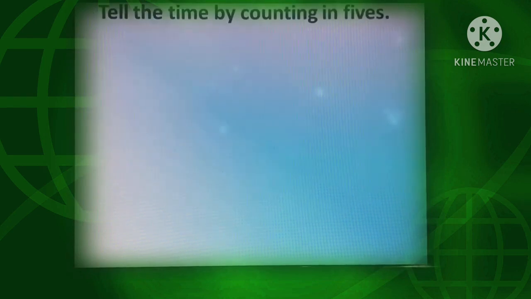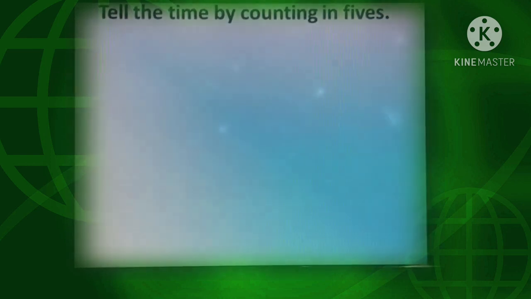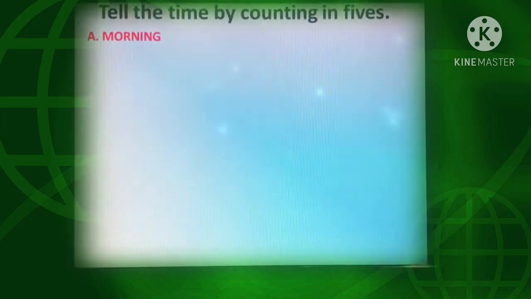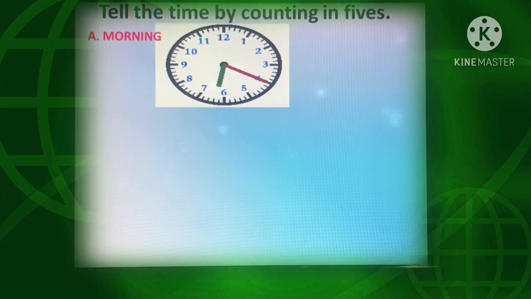Next one. Tell the time by counting in fives. In fives, that means the minutes. First, we have the morning. Look at the clock, the short hand and the minute hand.